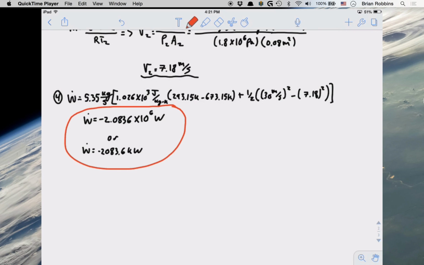A lot of these problems are really a partnership between conservation of mass, the first law of thermodynamics, and your equation of state, depending on if you have an ideal gas or an incompressible substance. For all of these problems, I follow the exact same steps, conservation of mass into first law of thermodynamics, and you can really see how the problem is supposed to evolve in order to solve for the property or quantity that you're looking for.